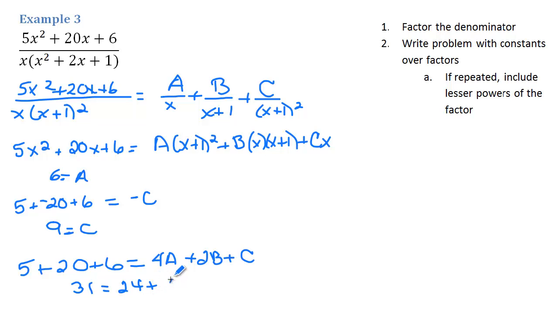We don't know what B is, but we know that C is 9. So we have 31 equals 33 plus 2B. Subtracting 33 from both sides, negative 2 equals 2B, so B is negative 1.